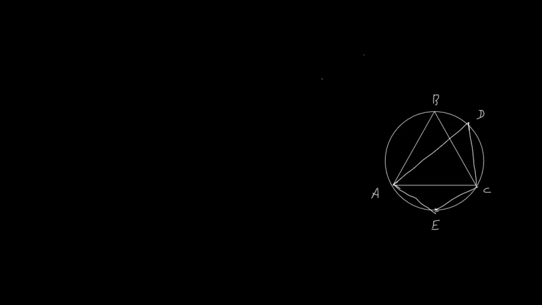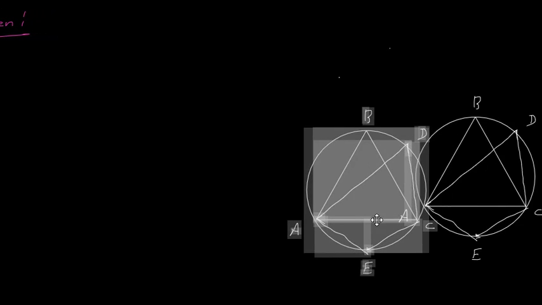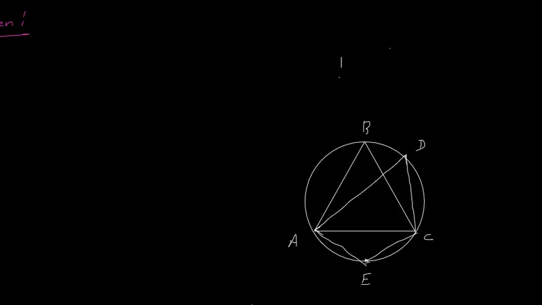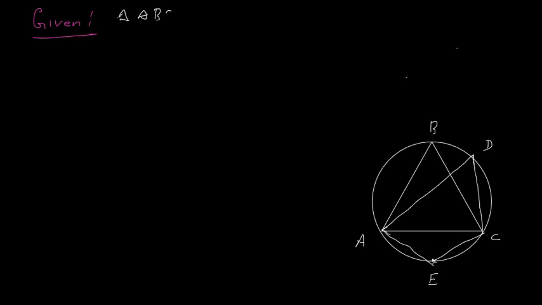Okay, so let us write what is given. So we write given first. What is given? We have given triangle ABC is equilateral triangle.